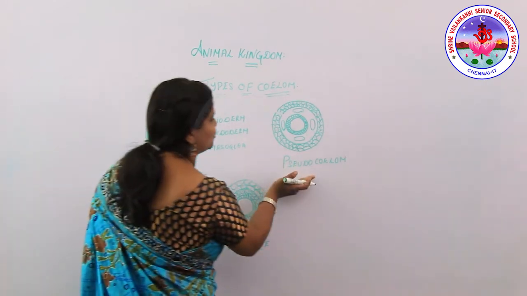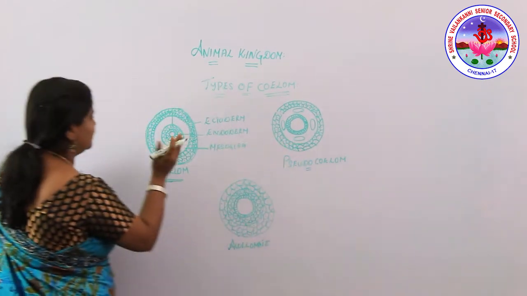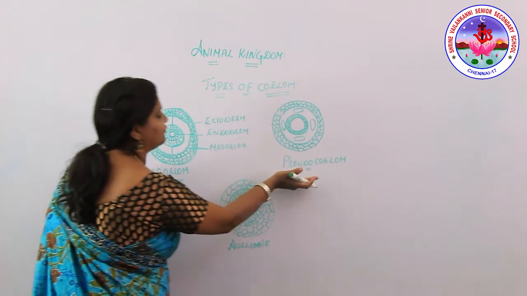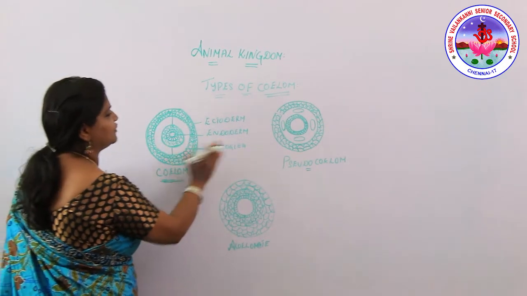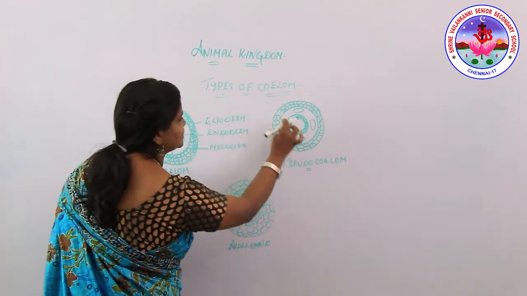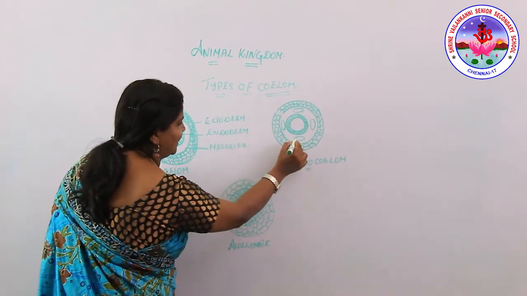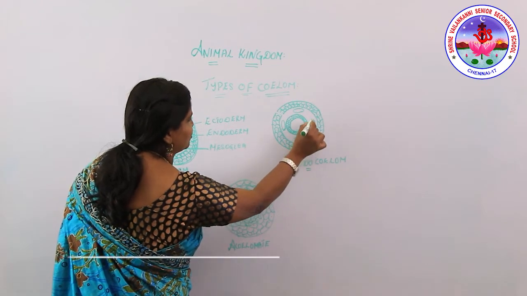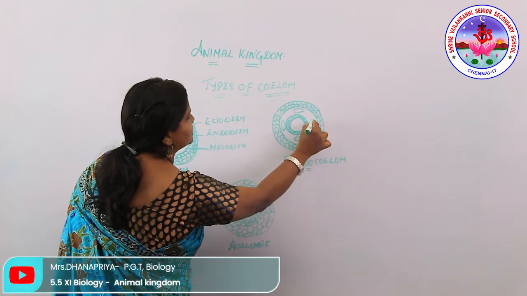The next one is pseudocoelom. Just refer to this diagram and this diagram. What is the difference between these two? Only the cavity. In this cavity there are pockets of mesoglea, in the mesoderm layer.